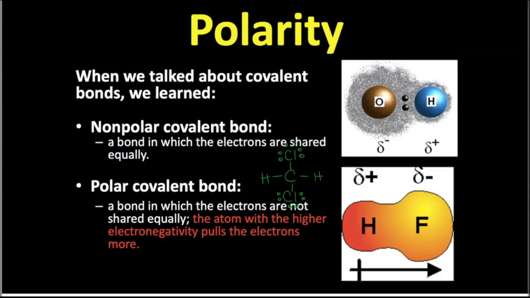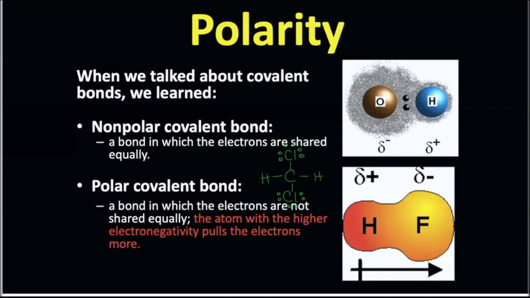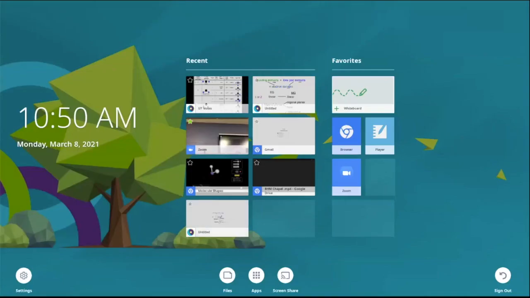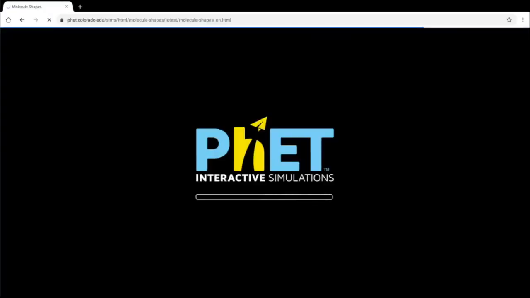Still even? Is it? Hydrogen doesn't have any pull. It's still even, it's equal, it's balanced.